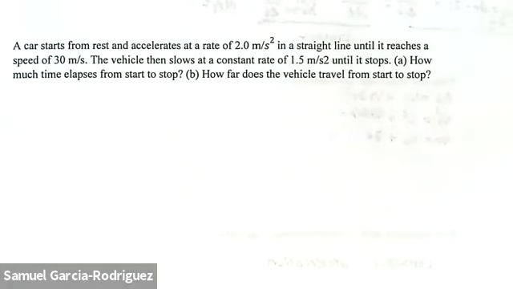So how about, again, name I can't pronounce, Vaney? Could you tell me everything that's given in the question? They give us it accelerates at 2 meters per second squared, and then the speed of 30 meters per second, and then 1.5 meters per second squared.